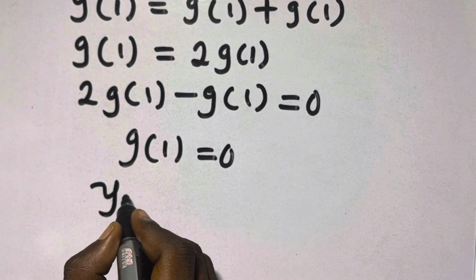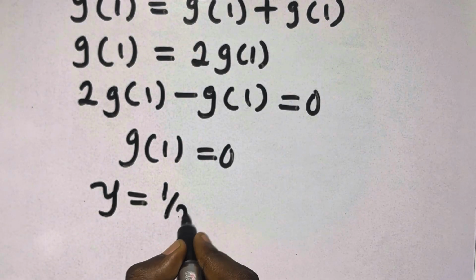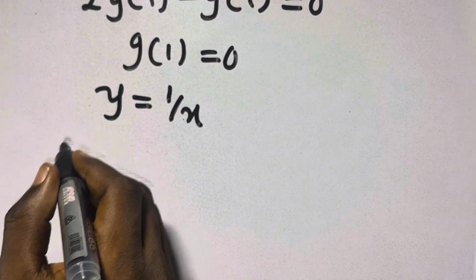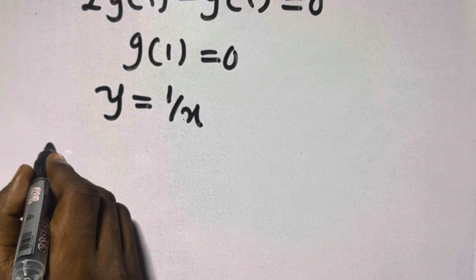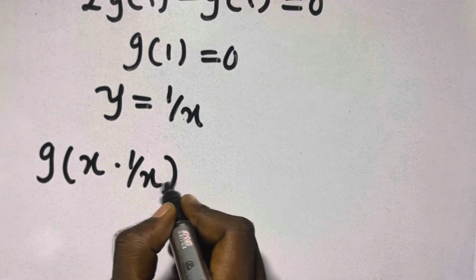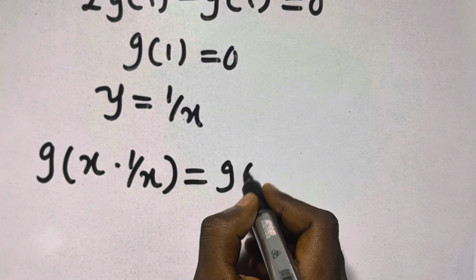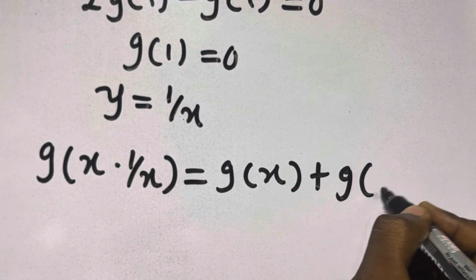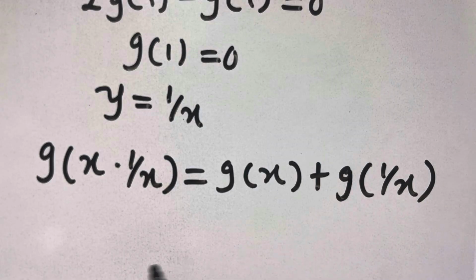However, let's put our y to be 1 divided by x. And if we do, from the equation above we will have g of x multiplied by 1 over x equals g of x plus g of 1 divided by x.